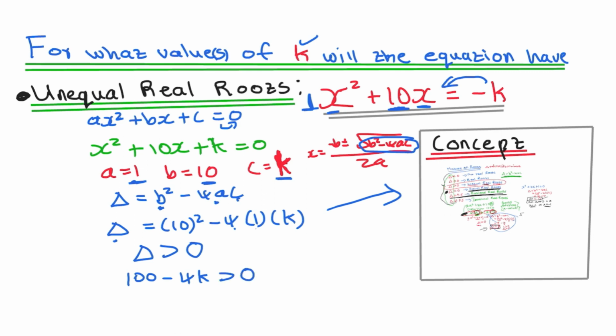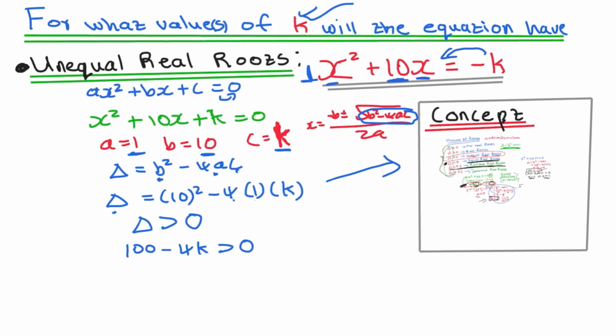Then I'll solve for k, because remember we are looking for values of k. I will transpose the 100 to the other side of the equal sign so that I have -4k is greater than -100. Remember, we want the value of k, not the value of -4k, so I will have to divide by -4 on both sides.